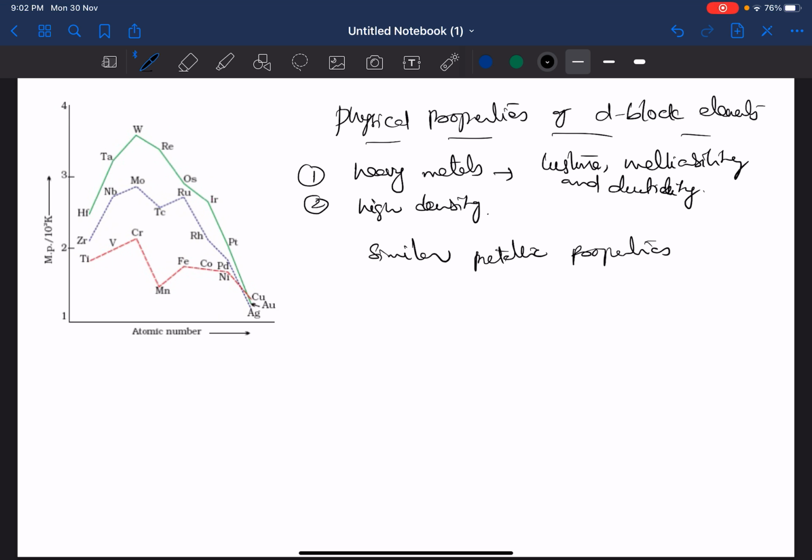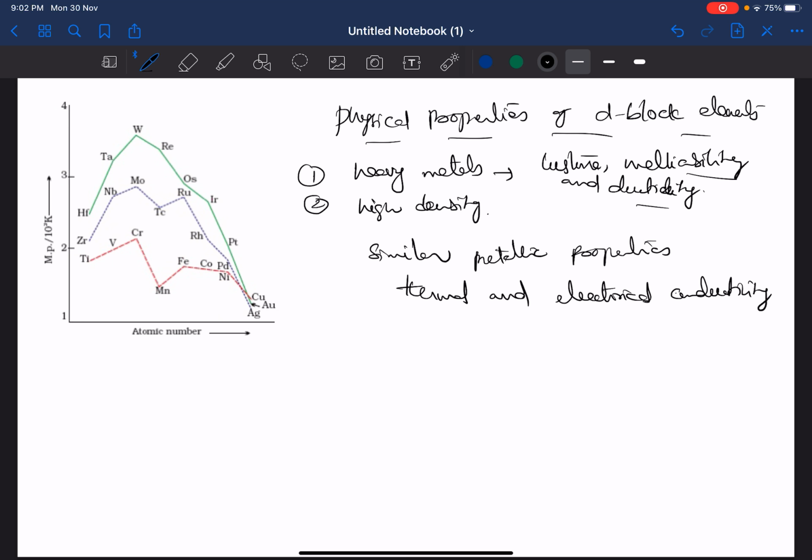What are those metallic properties? Like high tensile strength and ductility and malleability, high tensile strength and high thermal and electrical conductivity. So these are the main properties shown by the heavy metals.